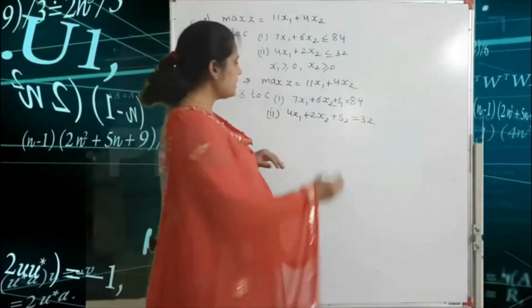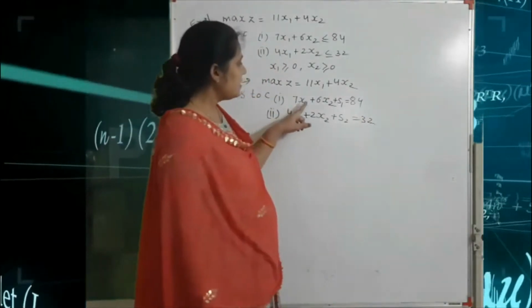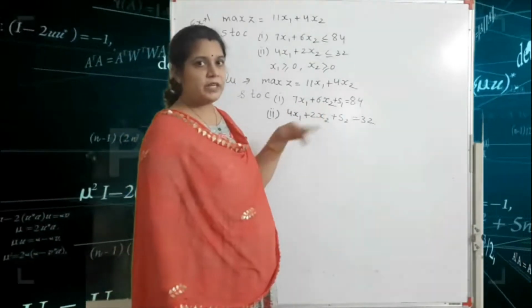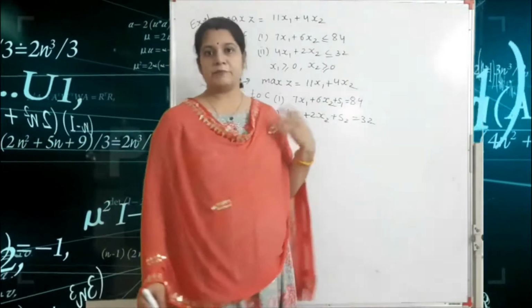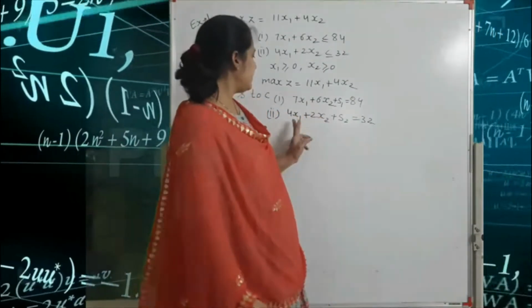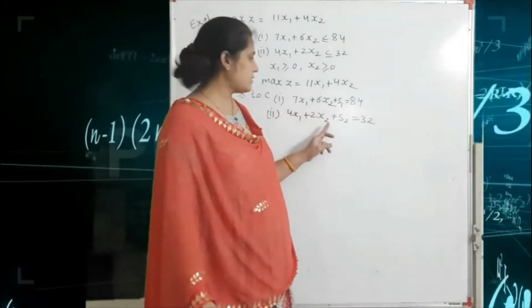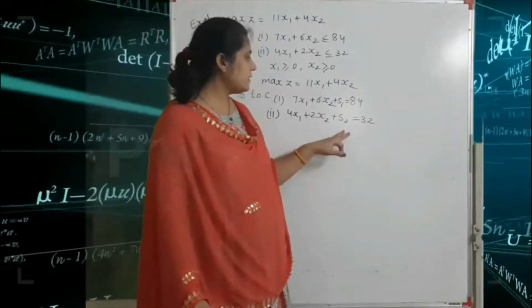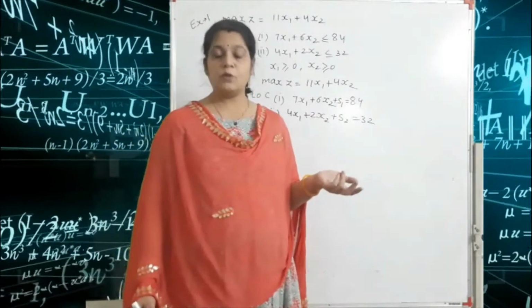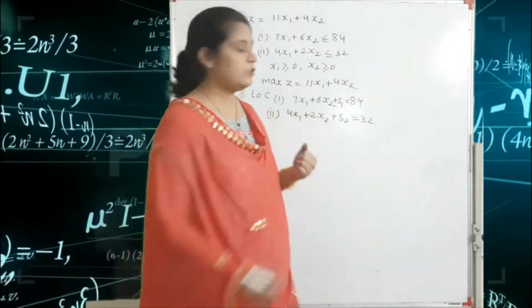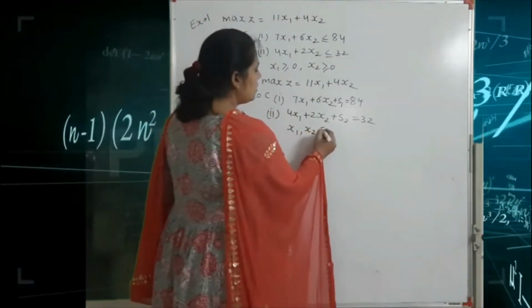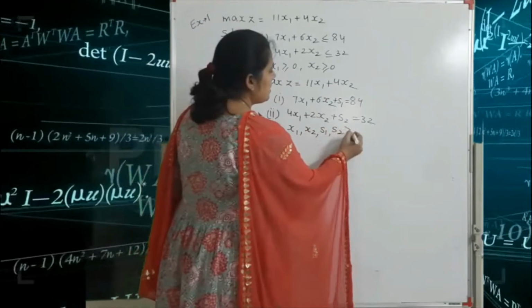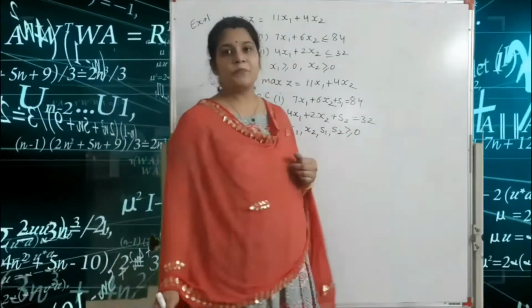If we put x1 equal to x2 equal to 0, we get s1 is equal to 84, which is a positive value, and we get s2 is equal to 32, also a positive value. So we write x1, x2, s1, s2 greater than or equal to 0.